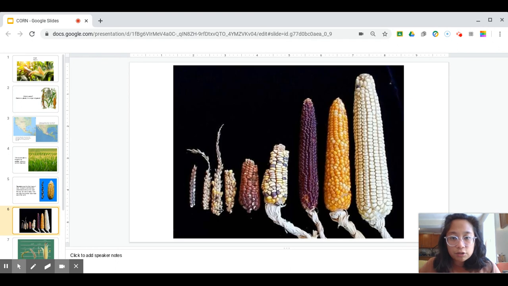And this is a picture of the evolution of the corn plant. And as you can see, it gets much bigger. Some of these corn varieties still exist today. The one on the right is the one that we're most used to now. But this is how much it's grown and evolved, the body of the corn.